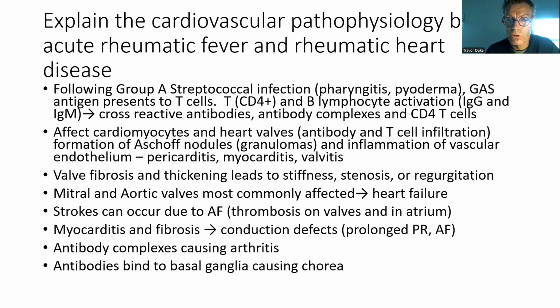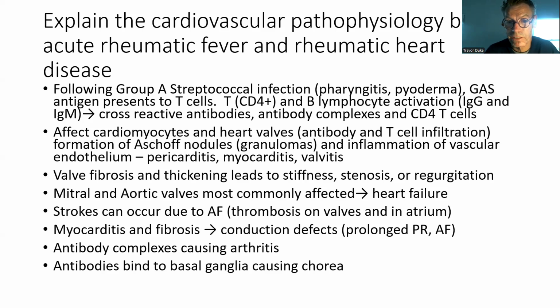Now, the valves are usually quite compliant. They're usually quite soft. They open and close dozens and dozens of times per minute, don't they, all throughout life. But if they become thick, then they're more stiff, they're harder to open. They may stay open and therefore be regurgitant, or they may be stiff and closed and therefore be stenotic.